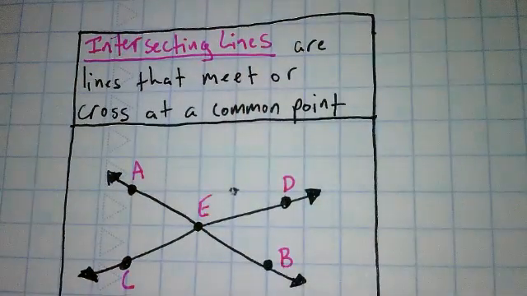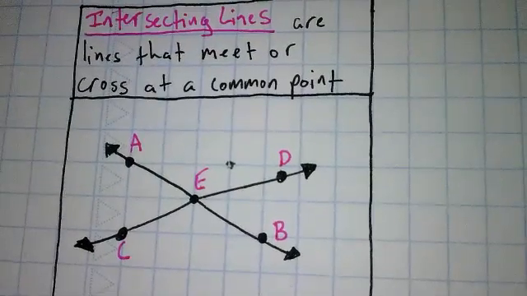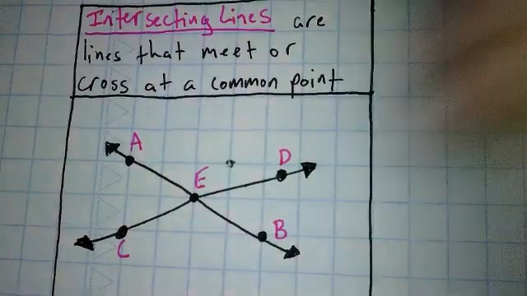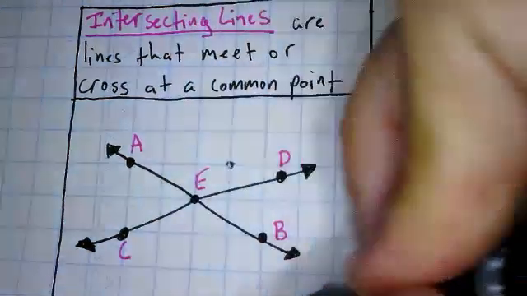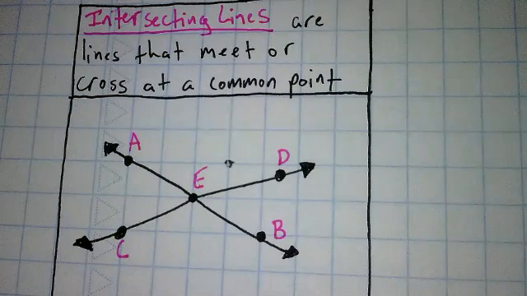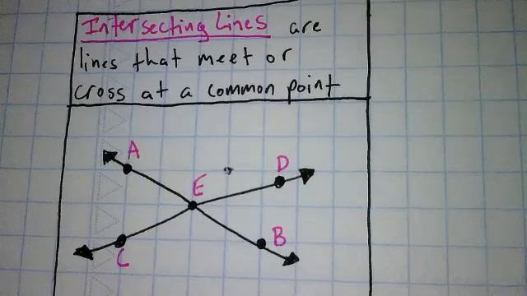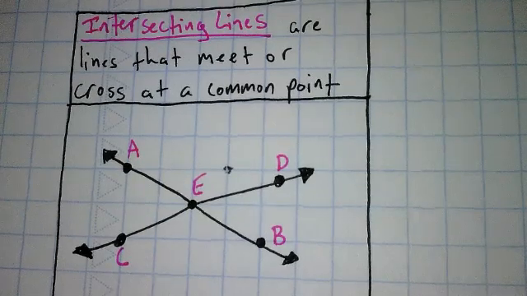Alright, so here is a picture of some intersecting lines. And then we're also going to write a little bit of information below it to describe what our picture is. I know, I'm going a little fast. Just keep writing. So, we have our definition at the top. It tells us that intersecting lines are lines that meet or cross at a common point.